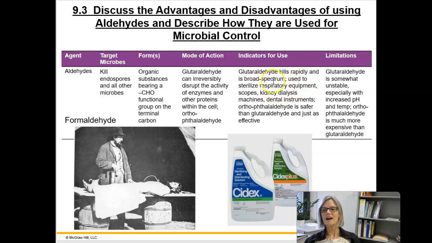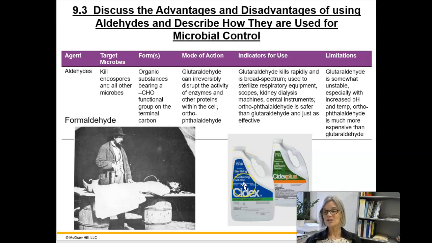Here it says glutaraldehyde can be used to sterilize respiratory equipment, scopes, kidney dialysis machines, and dental instruments. This is a product that you might see in a clinical setting. That's one of the products that contains glutaraldehyde. It's called Sidex. And you wouldn't use Sidex in a regular, let's go clean up the room situation.